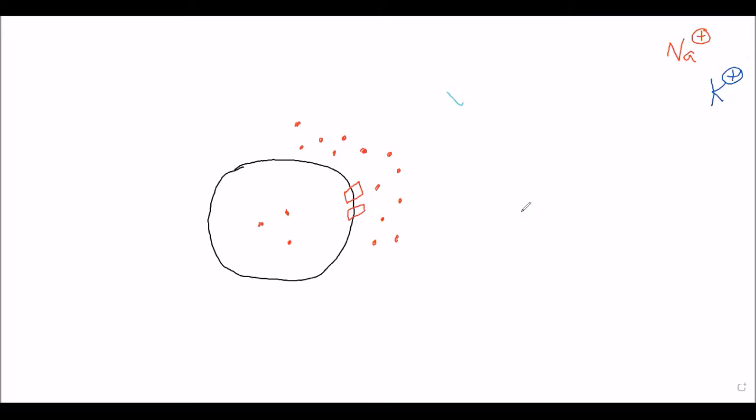Into the cell. Why does it want to go into the cell? What is that concept? It has a high concentration to low concentration. Right, and what is that called? What transport mechanism is that? Simple diffusion.